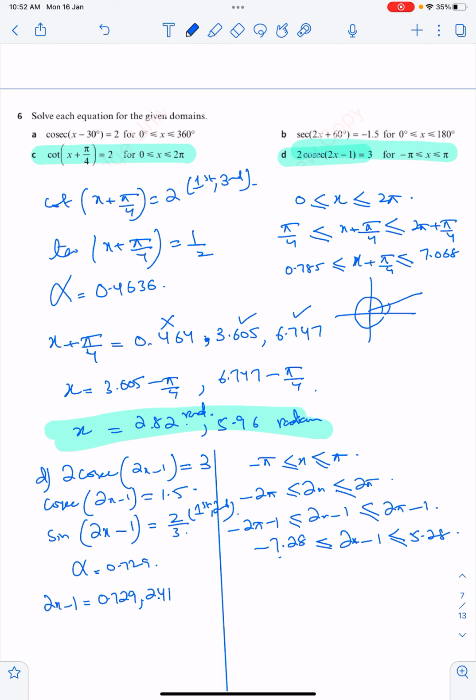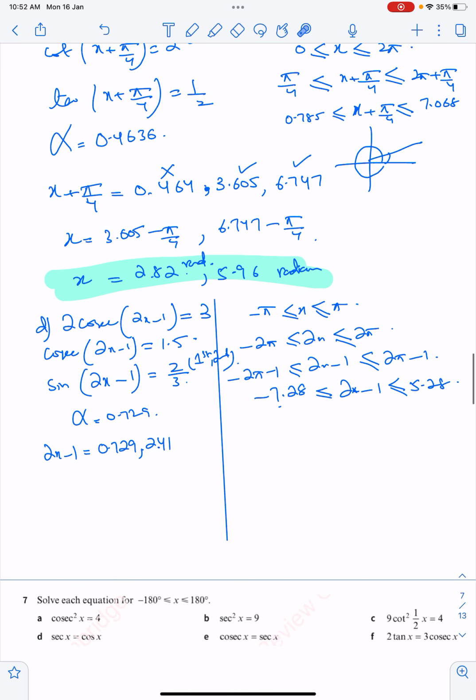Okay. If I add 2 pi to this, it will go outside the range. Let me check. 0.729 plus 2 pi is going outside the range, which is, yes, 7 point something. So leave it. Now I've got these two angles.